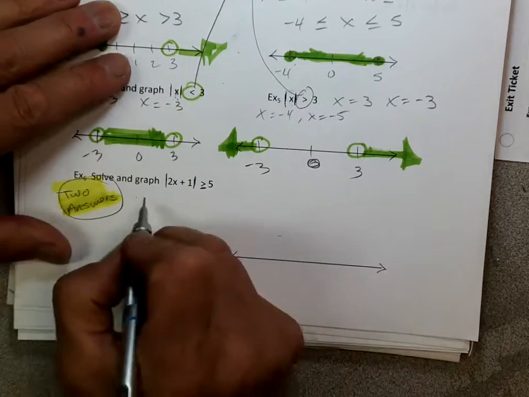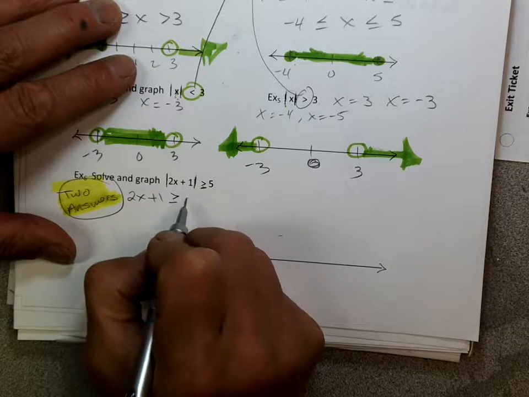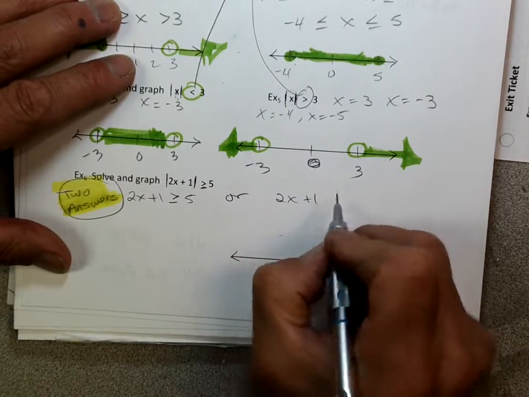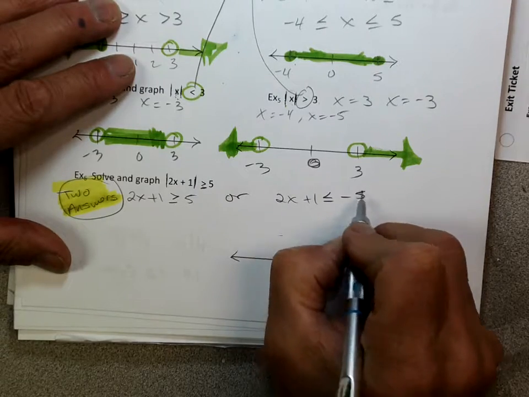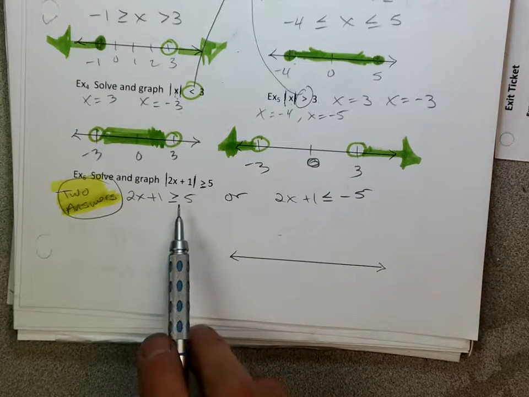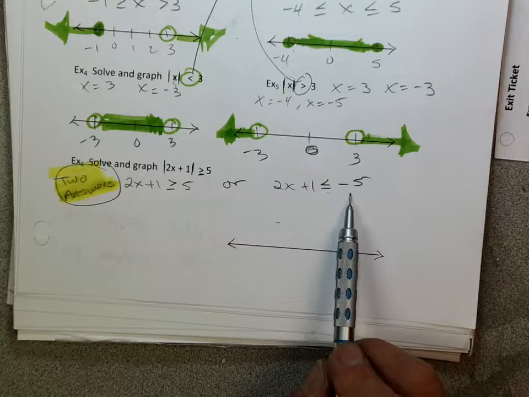We're going to rewrite this as 2x plus 1 is greater than or equal to 5, or 2x plus 1 is less than or equal to negative 5. Okay, write that down, and I'm going to make a very important point. Okay, write that down. 2x plus 1 is greater than or equal to 5, or 2x plus 1 is less than or equal to negative 5. Okay.